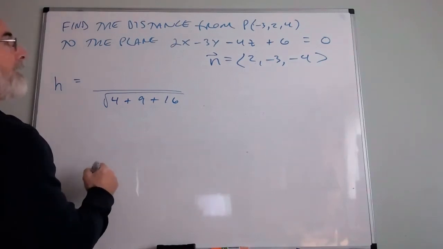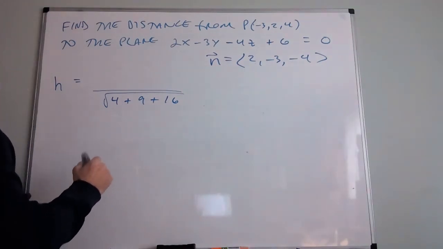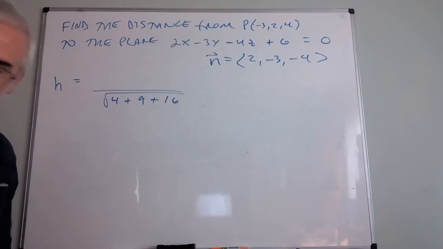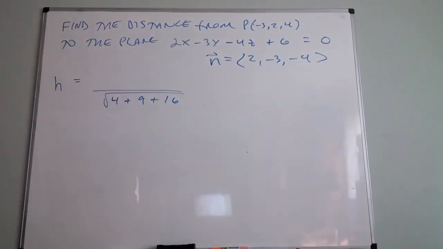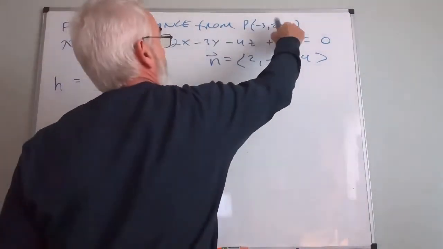On top, now what am I going to do? On top, I'm going to do the formula that we just derived, right? So we're going to go ax1 plus, and so on, or in this case, x naught. That's my x naught, y naught, z naught.